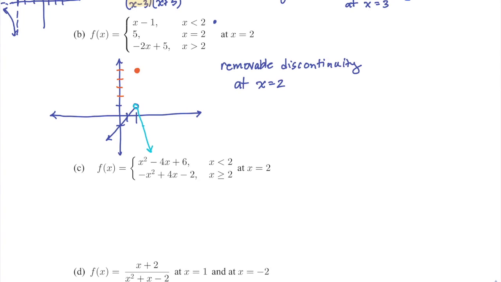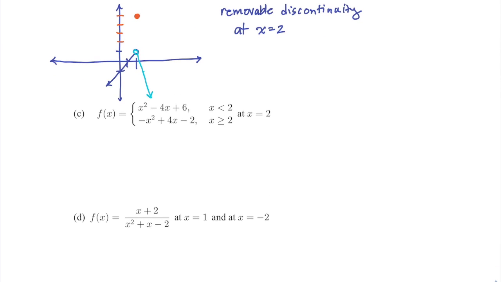Example C, we have another piecewise function, and this time it looks like we have two parabolic branches. And I believe we saw these parabolas in an earlier example, but let's just review how we could get this graph. So for me, the easiest way to think about parabolas is to find their vertex. So here I'm going to do the first one.